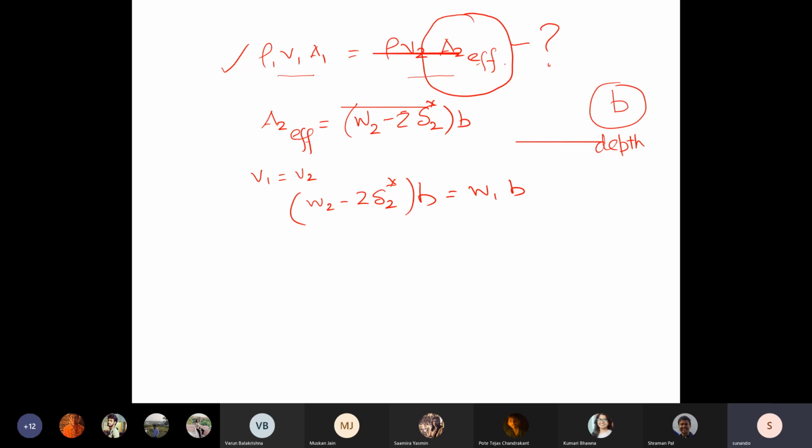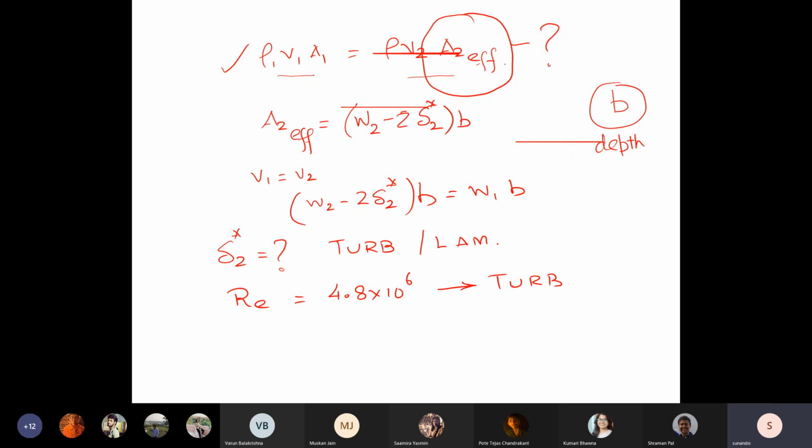In order to evaluate delta 2 star, first we need to see whether it's a case of turbulent flow or laminar flow. For that, you calculate the Reynolds number, and you would see that the Reynolds number turns out to be about 4.8 times 10 to the power 6. So definitely this is a case of turbulent flow.